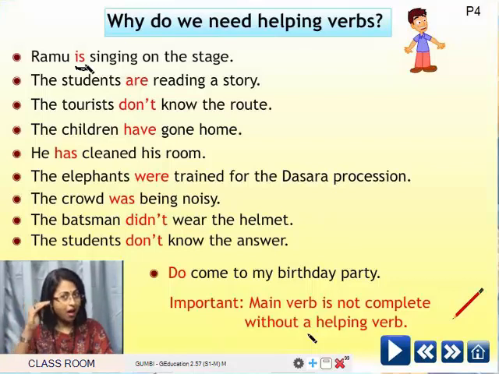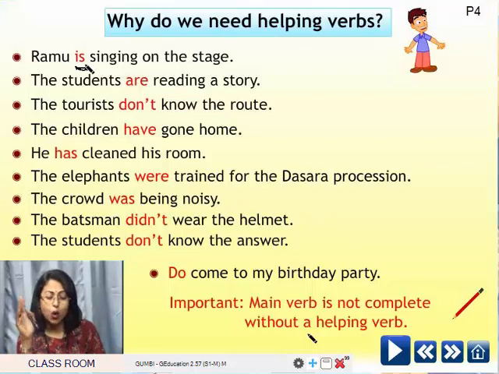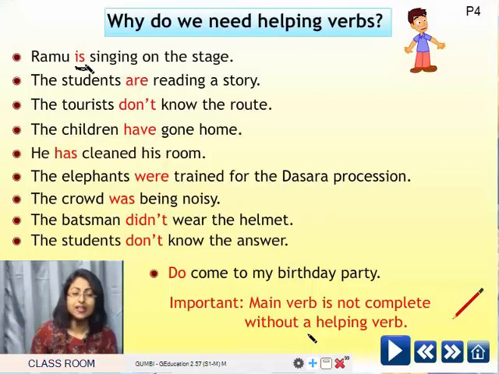Is, am, are, was, were, has and have. So Ramu is singing on the stage. Is that clear, students? It's necessary to use is because of the verb singing. Moving on to the next sentence.